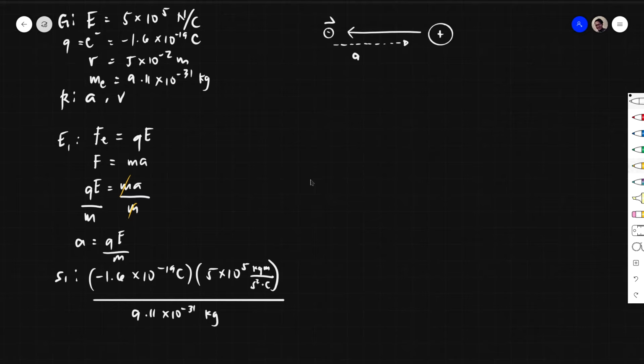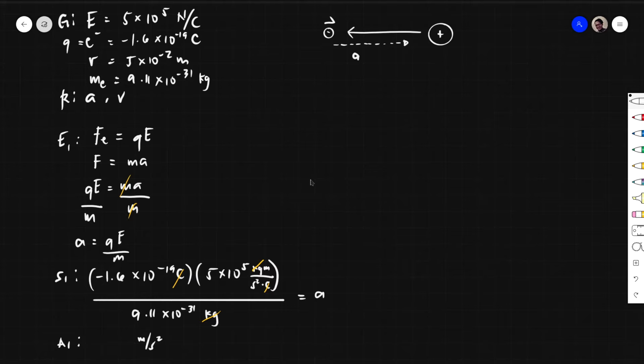Showing the cancellation, you can cancel coulombs and kilograms, leaving you with meter per second squared, which is the unit you need for acceleration. So for the first answer, you solve for that one. Of course, you already know the unit will be meter per second squared.